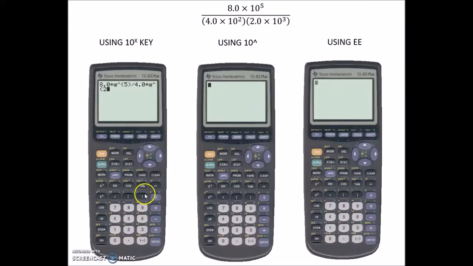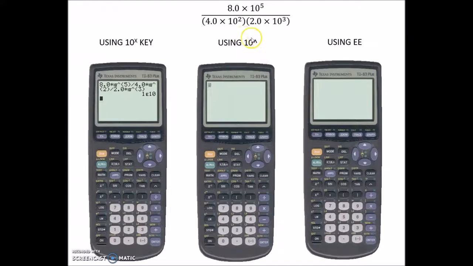Then we have to close that parenthesis and divide by the other part of the denominator, which is 2.0 times 10 to the 3rd. So here we go, 2.0 times 10 to the x, then a 3, close parenthesis, and hit the enter key at the lower right. What do we get? 1 times 10 to the 10th, which is 10 billion.